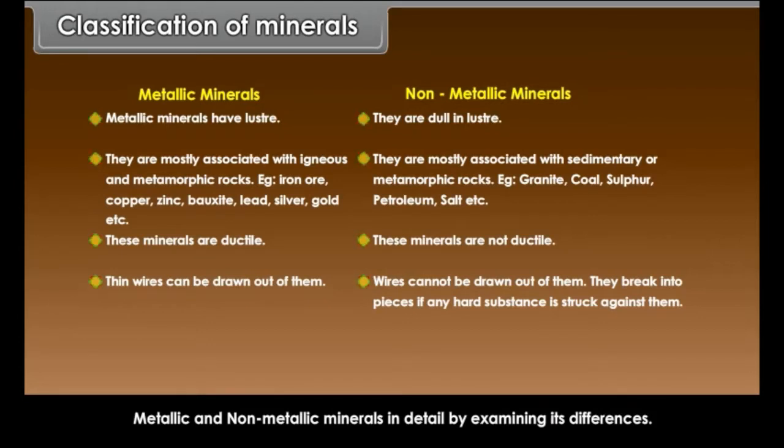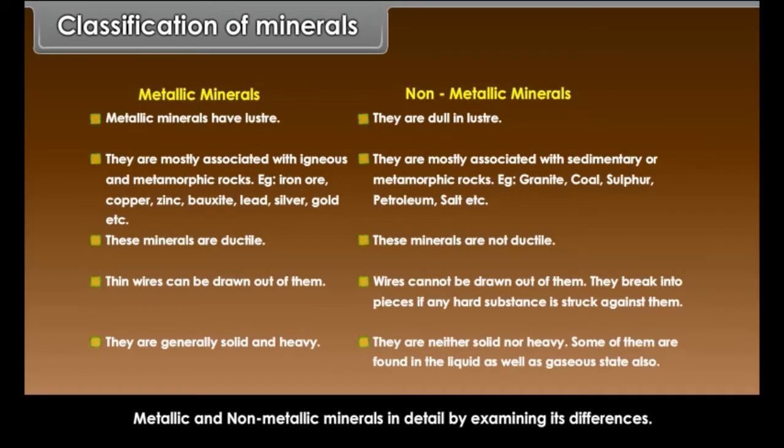They break into pieces if any hard substance is struck against them. Metallic minerals are generally solid and heavy. Non-metallic minerals are neither solid nor heavy. Some of them are found in the liquid as well as gaseous state also.